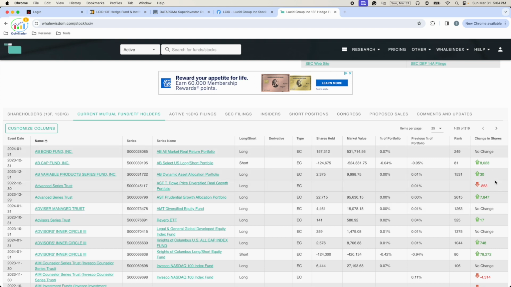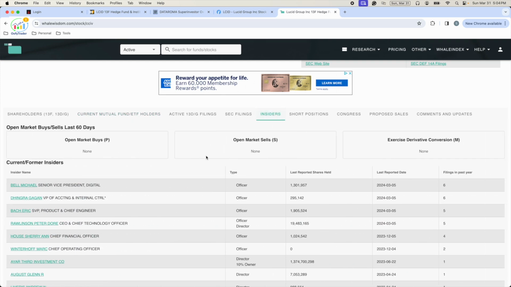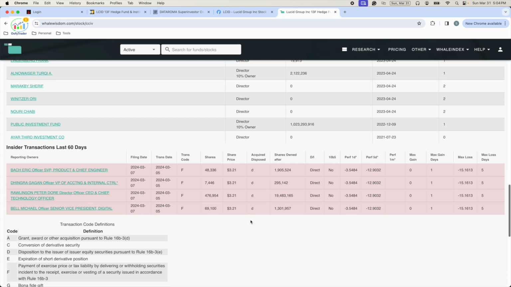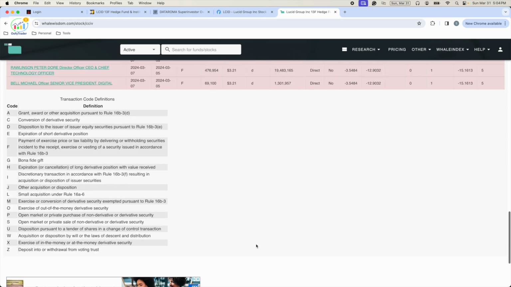They increase their positions or they are reducing. Insider is also having this, but this is from the last quarter. And the transaction logs are also here. It gives a very small number of logs, but if you look frequently, it has a lot of information.